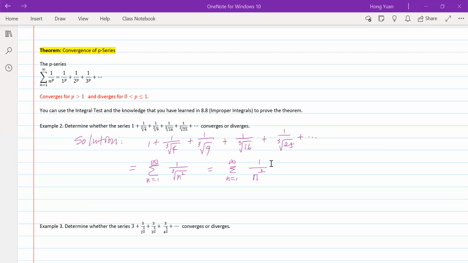Write this radical in exponent form, rational exponents. So the exponent p is 2 over 3, which is less than 1. So it diverges.